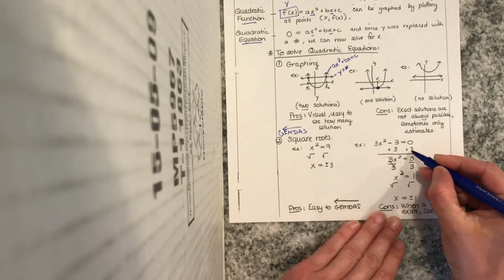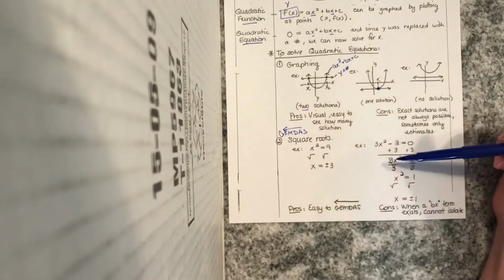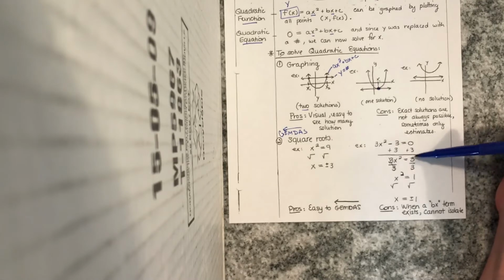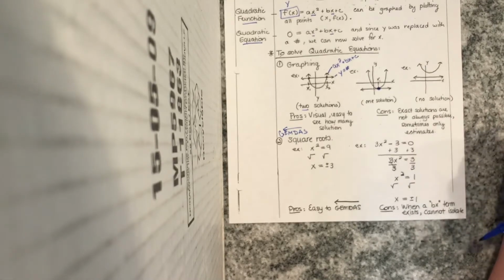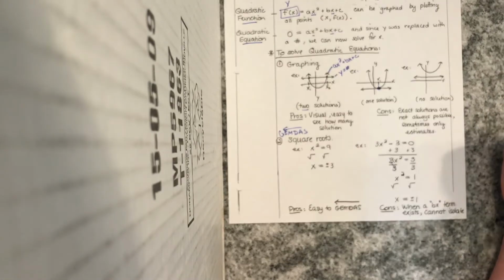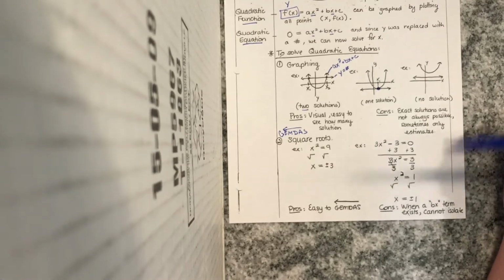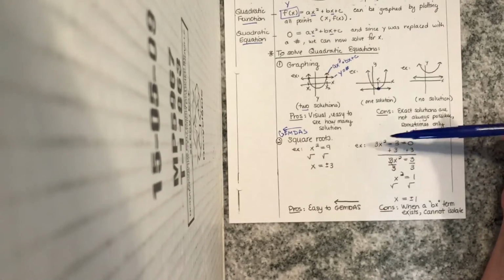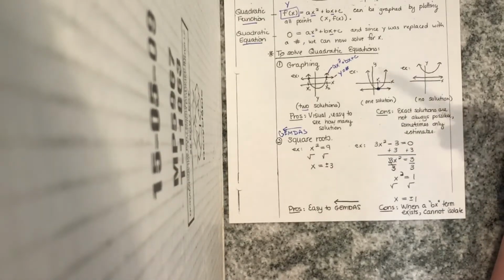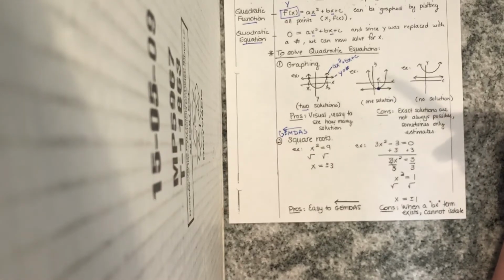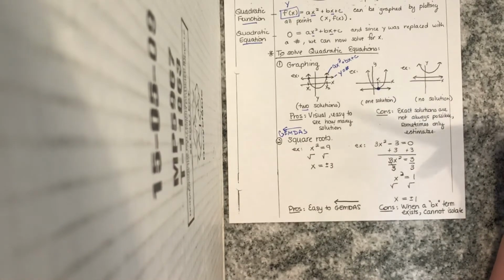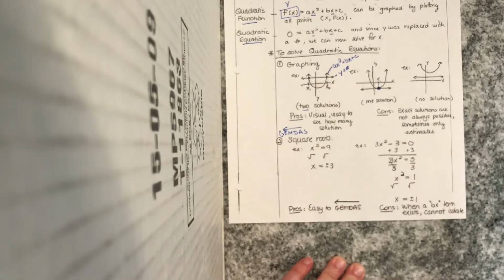After I undo addition and subtraction, I undo multiplication and division, so I divide both sides by 3 and end up with x squared is 1. Now I take the square root. The square root of 1 is positive 1 and negative 1. I could plug in positive 1 and make sure it works, and plug in negative 1 and make sure it works. So both of these problems you could solve by undoing the order of operations.